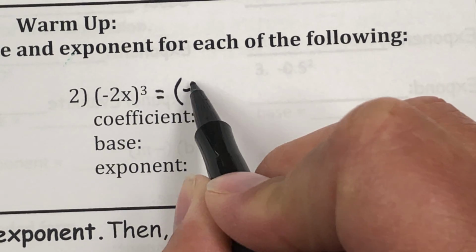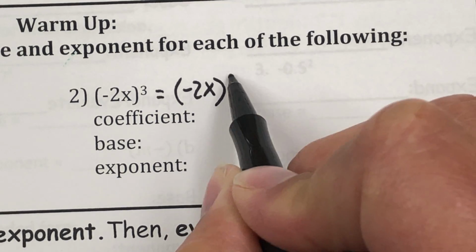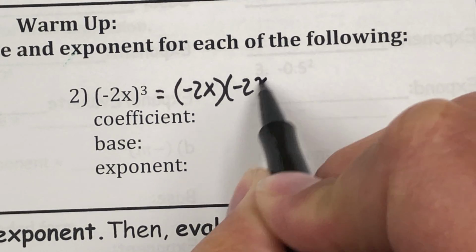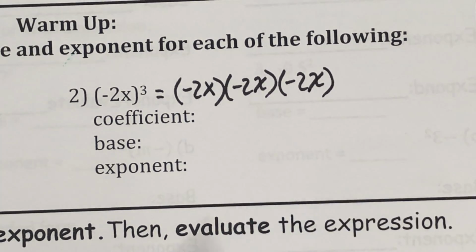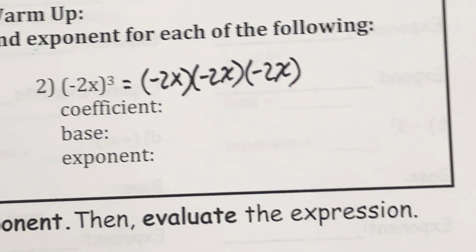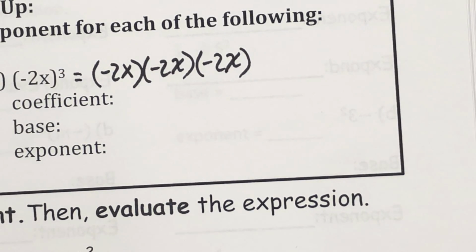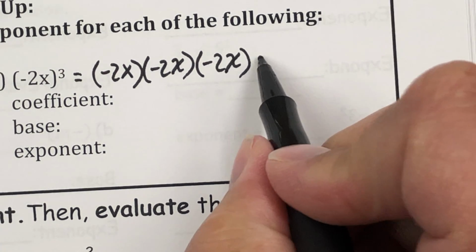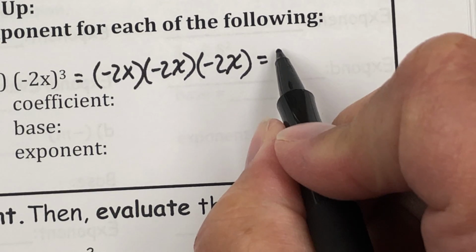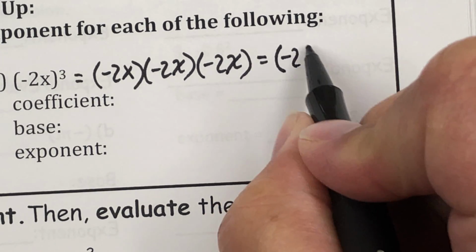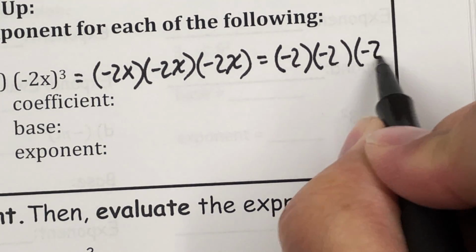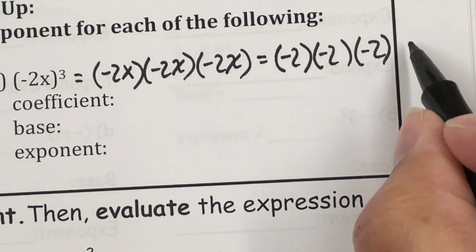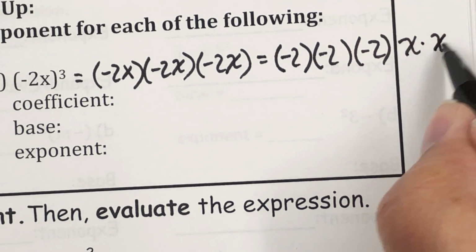So this is really -2x times -2x times -2x. Remember that you can use the properties of math. In this case, I'm going to be using the commutative property, and I'm going to rewrite this as -2 times -2 times -2, and I'm just going to keep all the x's, x, x, x.